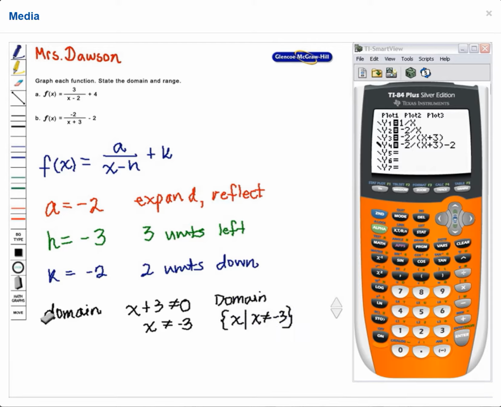And then the range, because negative 2 divided by x plus 3 can never be equal to 0, then negative 2 divided by x plus 3 minus 2 can never be equal to negative 2. So the range will be all values of the function such that the function, or f of x, is not equal to negative 2. So let's investigate the graph.